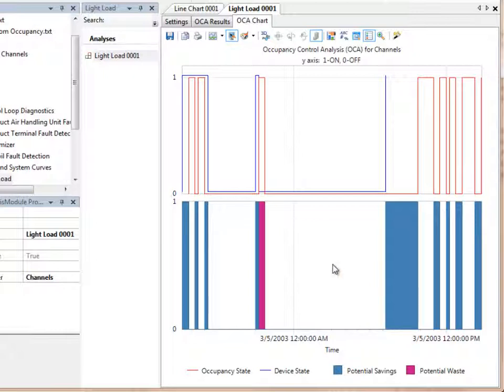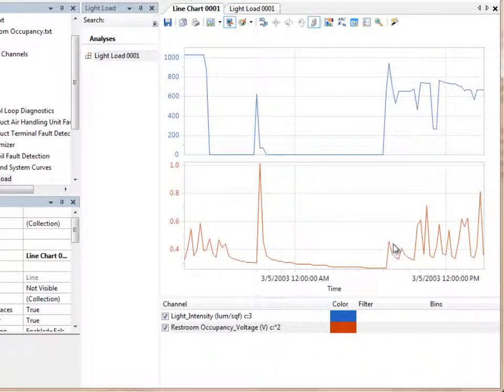And it turns out I would be saving quite a bit of money because, for instance, in this area where I see blue, this is a potential savings, meaning had I connected the occupancy sensor, it would have kept the lights off. And that's because when I go back to the chart, in here, my trigger level is below 0.5.